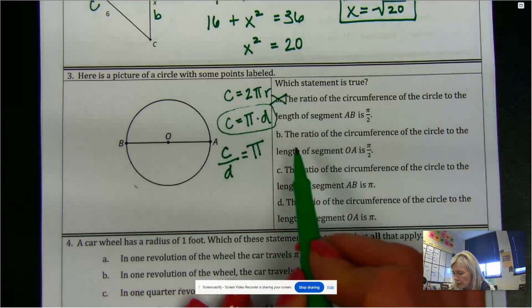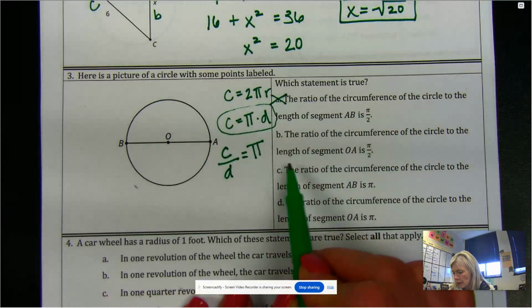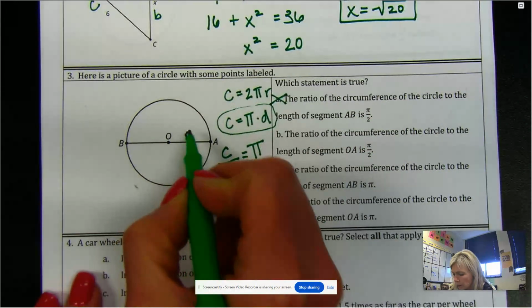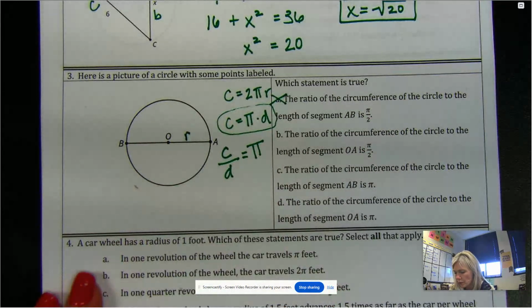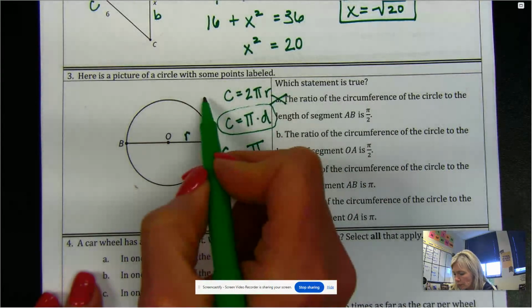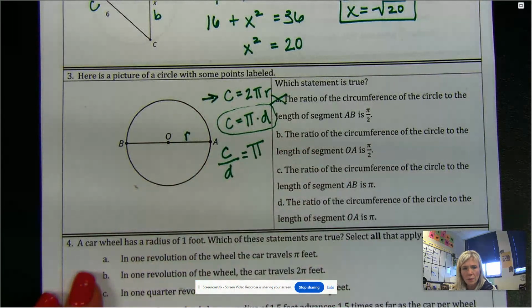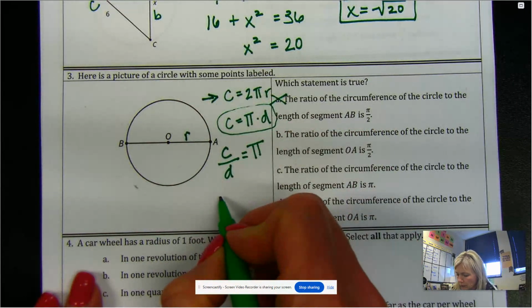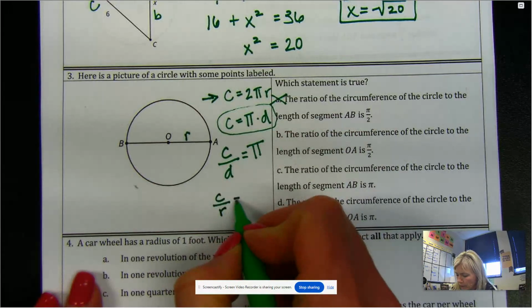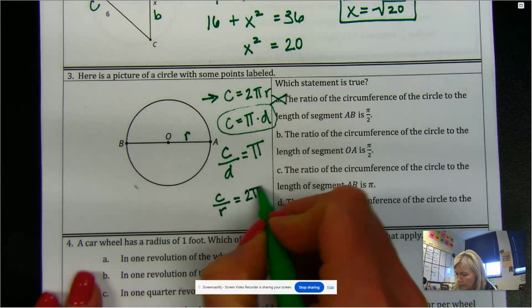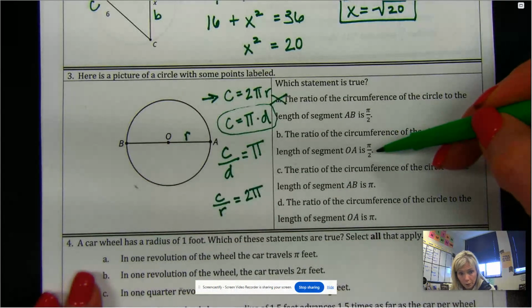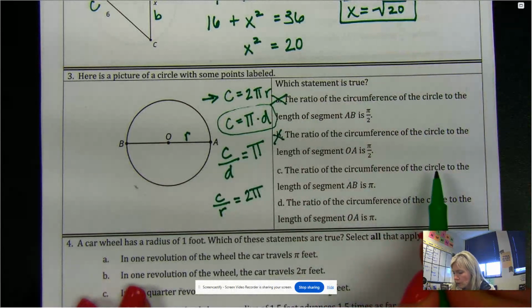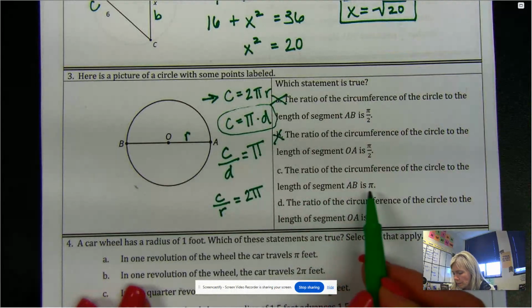And then the ratio of the circumference of the circle to the length of segment OA. So OA would be a radius, is pi over 2. So that would make me want to think about this formula. If I change that by dividing by the radius, I get C over R equals 2 pi. Not the same as pi over 2. So it's not this one. The ratio of the circumference of the circle to the length of segment AB is pi.